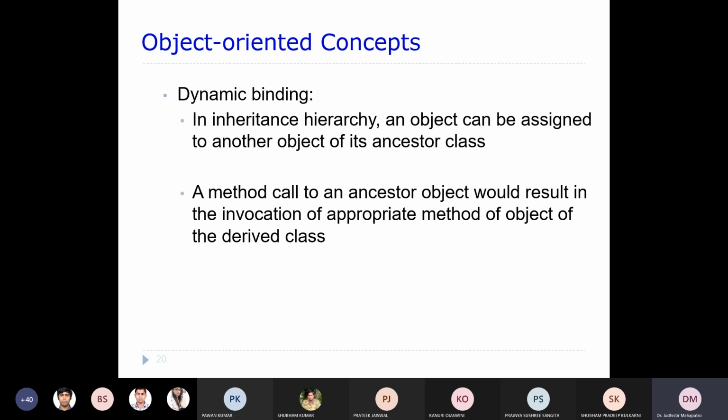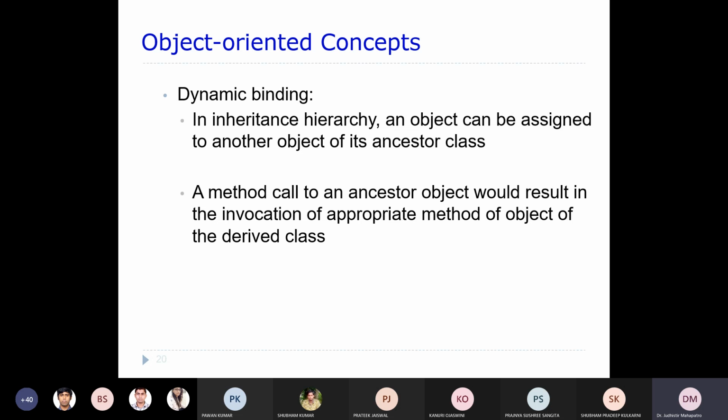In that case, the first method will be called, the one without parameters. If you pass, let's say, three parameters, then the second will be called. If you pass four parameters, then it is going to call the third method. This is the way you create static binding, right?